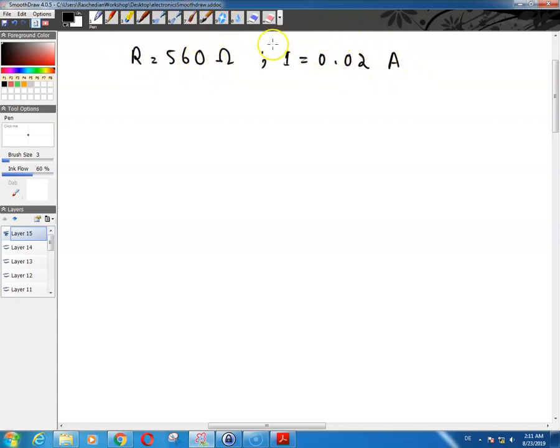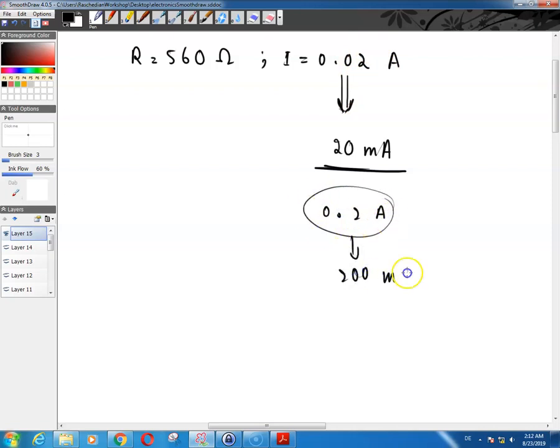But this sort of value for the current, when people want to talk about it, they almost always call it 20 milliamps. If you had 0.2 amps, they would call this 200 milliamps.